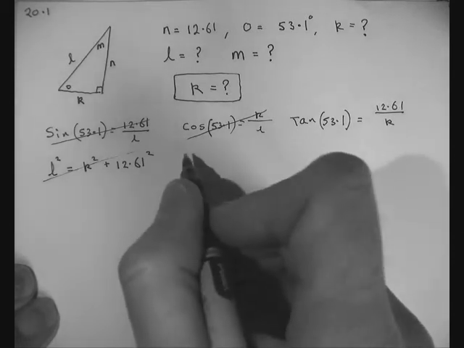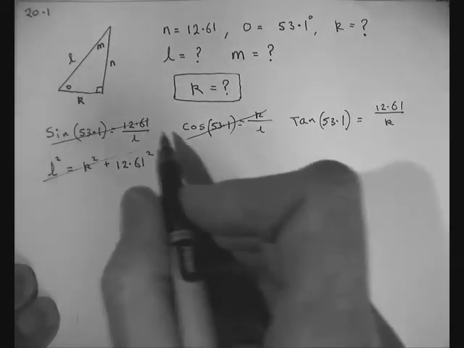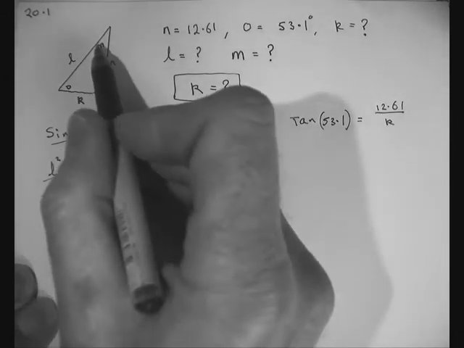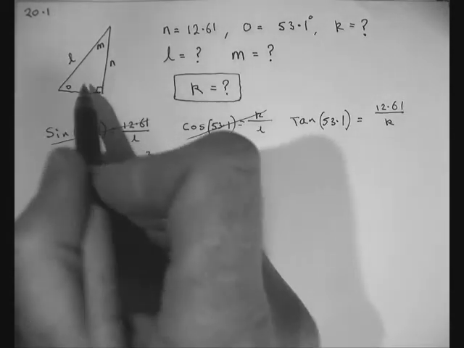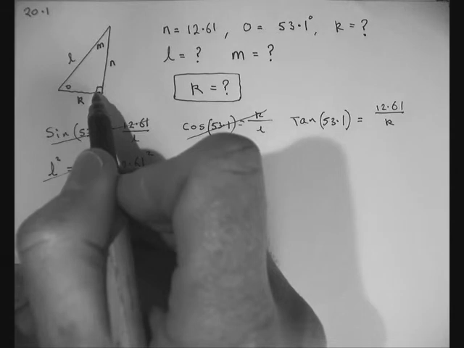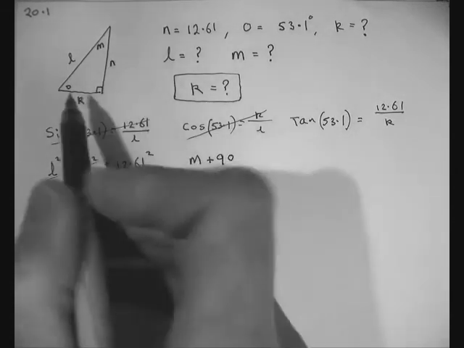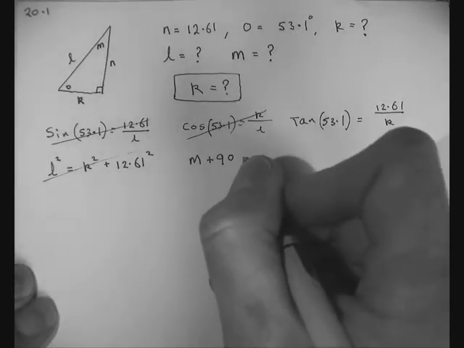The last tool we have at our disposal at the moment is that the sum of all the internal angles must add up to 180 degrees. So this angle here is M, that's unknown, so we put it in as M. This angle here, it's a right-angled triangle, is 90. So we put that in as 90. And this angle, angle O, we know it is 53.1 degrees.